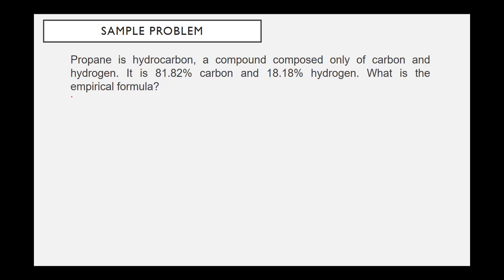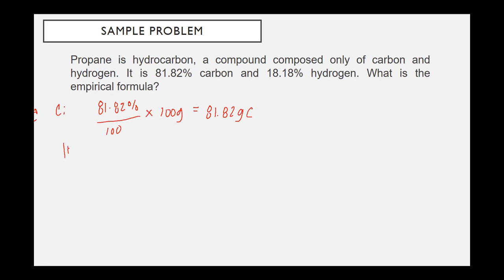So C will be 81.82% divided by 100. Since percent siya, kailangan siya i-decimal, times 100 grams. So this will give us 81.82 grams. So makakancel lang naman yung 100.